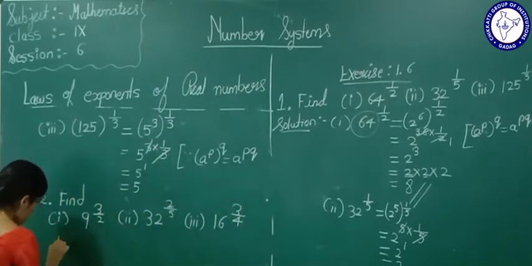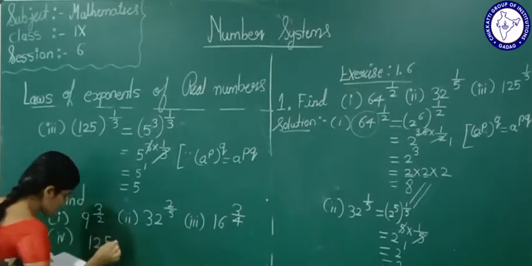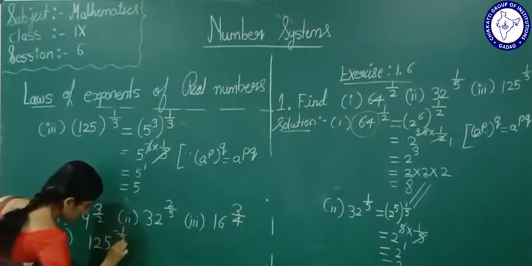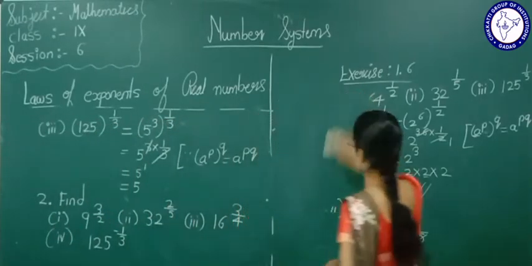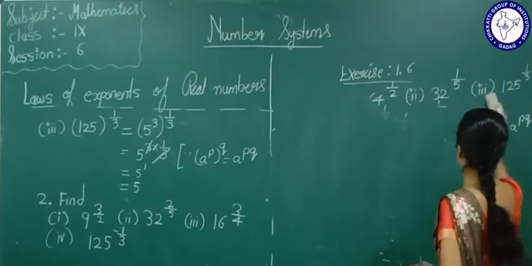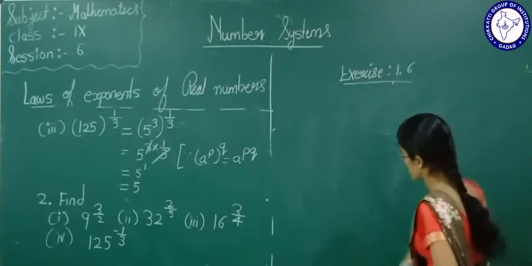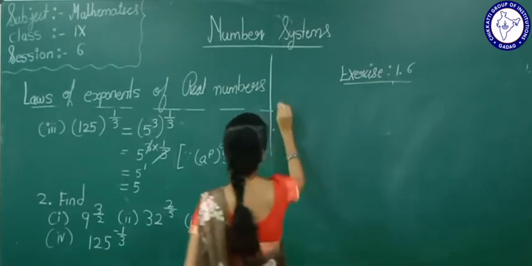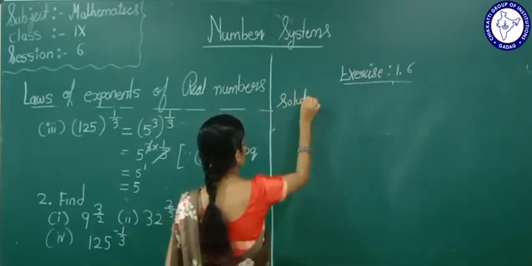And the fourth one is 125 raised to minus 1 by 3. See the solution.